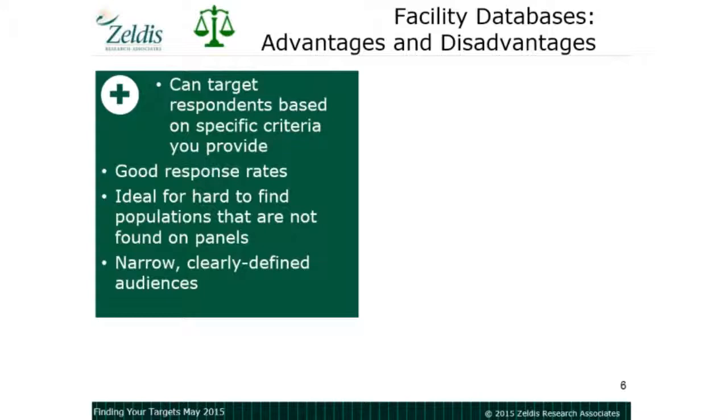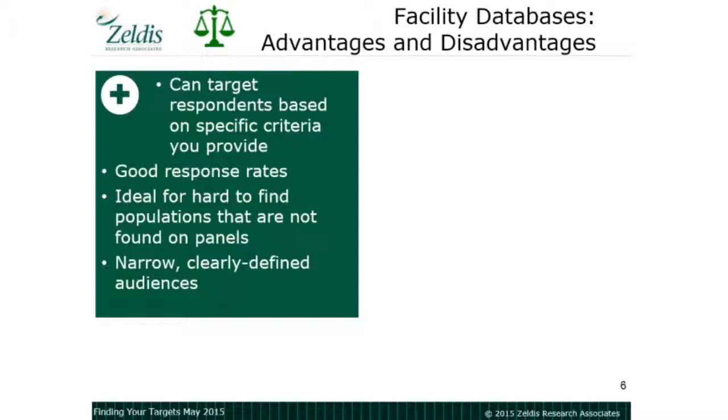Facility databases are a great resource when we are looking for very specific groups, narrow, hard to find groups, but they have to be clearly defined. Facility databases have a lot of different kinds of folks on there, so as long as you can be really specific, you can often find people on these databases. You get good response rates.